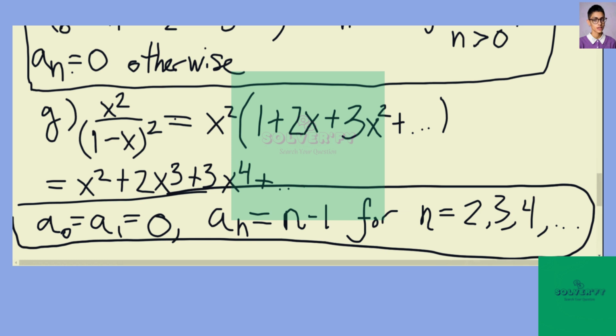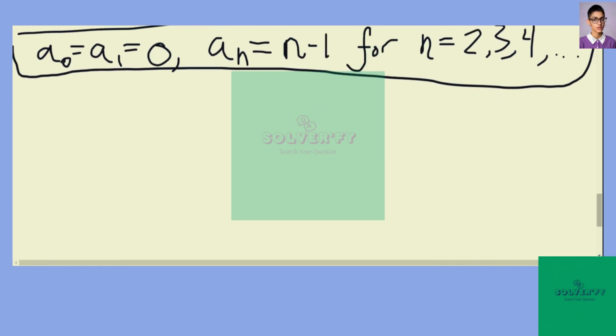And finally, in part H, we're given the generating function 2e to the 2x.